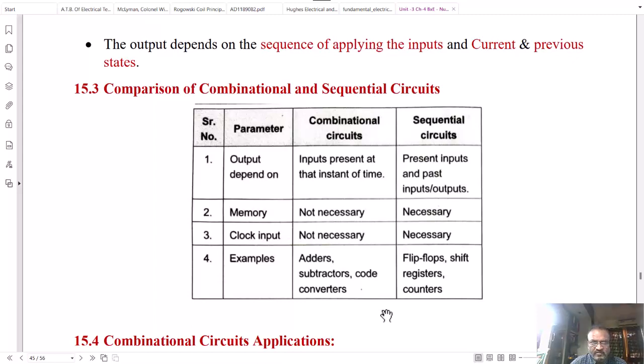The important points of comparison between sequential and combinational circuits are shown here. From the output dependence point of view, the combinational circuit output only depends on the present state, whereas in sequential circuits, the logic output depends on the present state as well as the past states of the inputs and outputs.